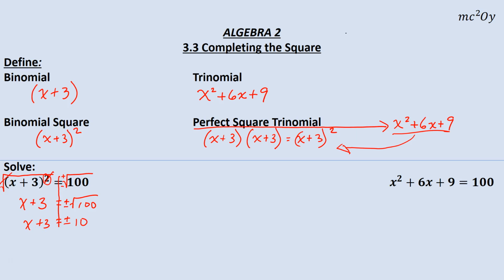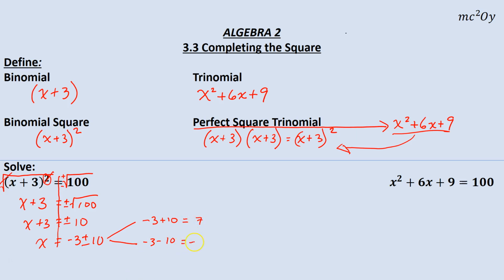From there, I could subtract 3 from both sides. So I'd have x equal to negative 3 plus minus 10. That means I have negative 3 plus 10, that's the plus part, and negative 3 minus 10. So one solution is 7.